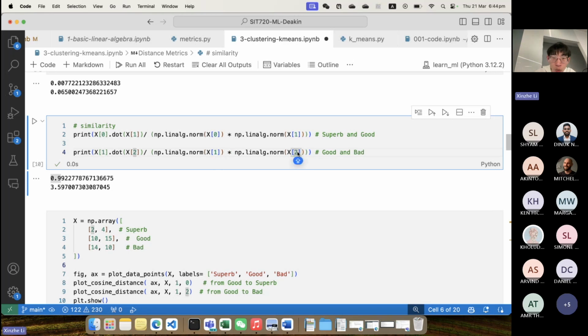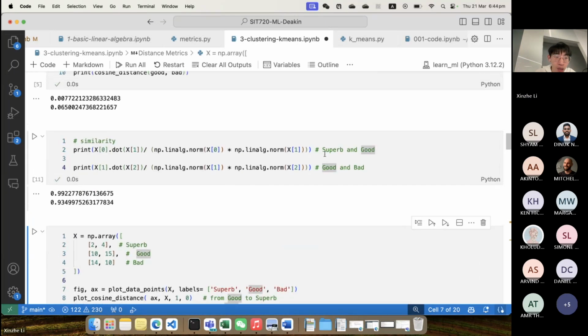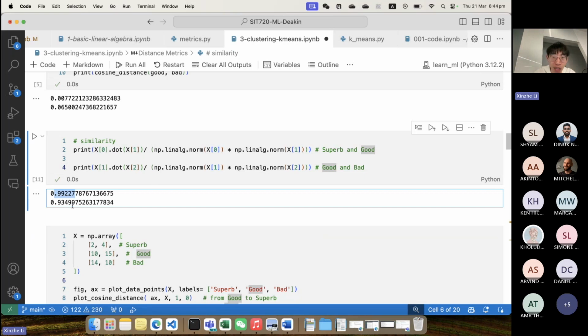Then it should be 2. Here is 1, 0, 1, 0, 1, super good. Here is 1, 2, 1, 2, good, bad. Now we can see the result. Great. The similarity between super and good is now much larger than good and bad.